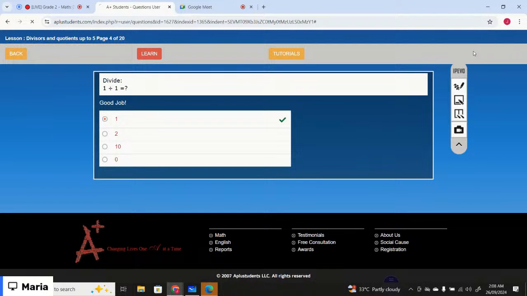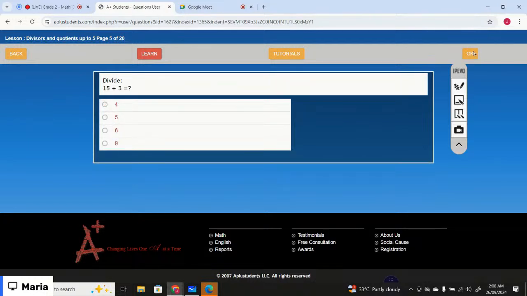The next one is 15 divided by 3. So 3 times what number is 15? You need to count the table of 3 until 15. So what number is it? 3 times 5 is 15, right?